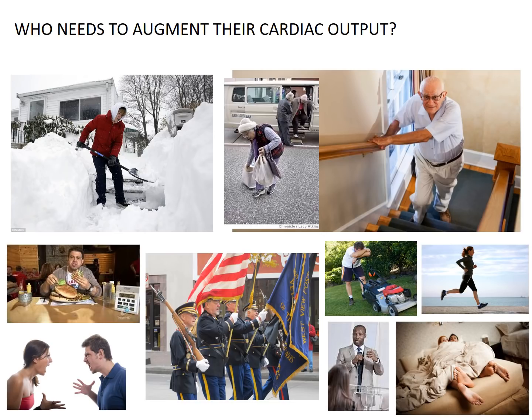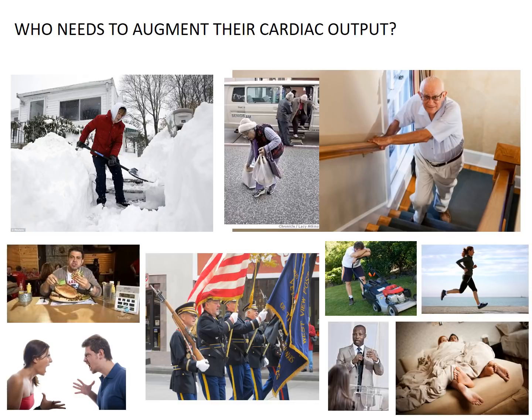So now again, physical activity is going to require increased amount of blood flowing through the heart and blood flowing around the body. So cardiac output is going to have to be increased. So physical activity, shoveling, walking upstairs, walking in general, lawn work, arguing, eating a big meal, activities which may be going on in the bedroom, right?